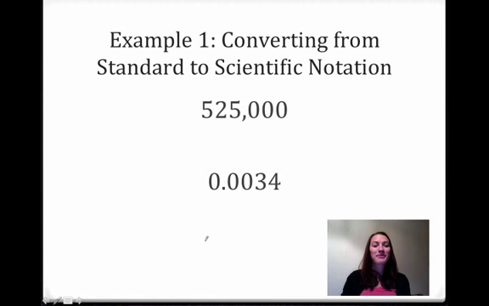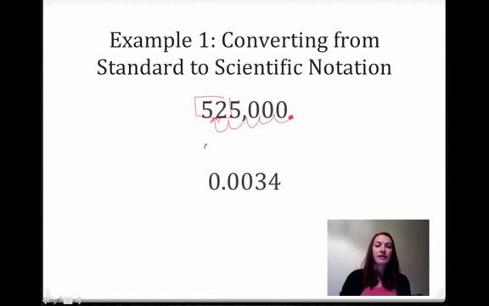All right, so our first example that we're going to do is converting standard to scientific notation. So the first thing that I want you to do is find your decimal point, which is going to be right here. Mark that in. And then you're going to take your decimal point and move it over. And your end point is going to be between your first two numbers. Okay? So I'm going to go 1, 2, 3, 4, 5.